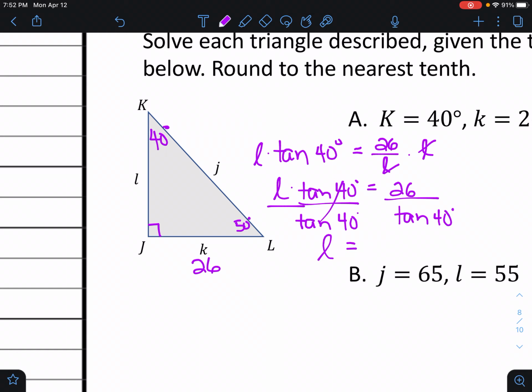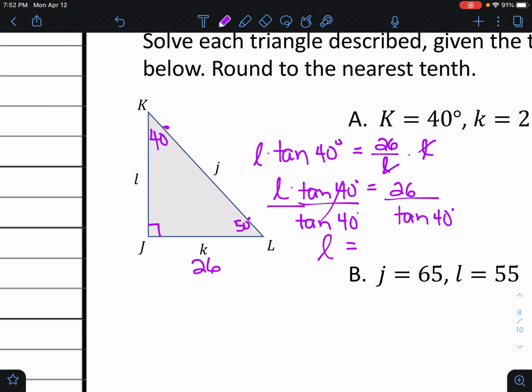Okay, now you would leave your work, but I'm going to get rid of this because I don't have enough room. Now J. To find J, you don't have to use a trig function. You can if you want, and it'll still give you the same answer. Or I know these two sides, so I could use the Pythagorean theorem to get my hypotenuse.